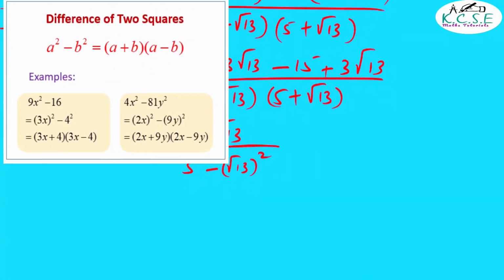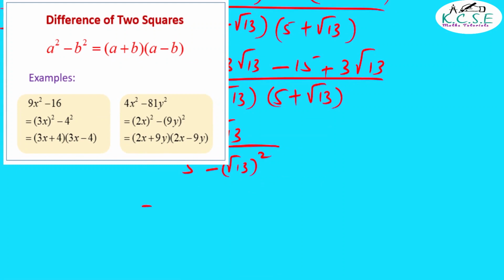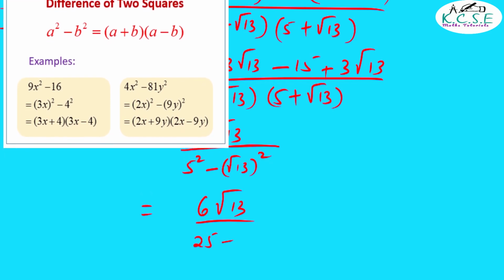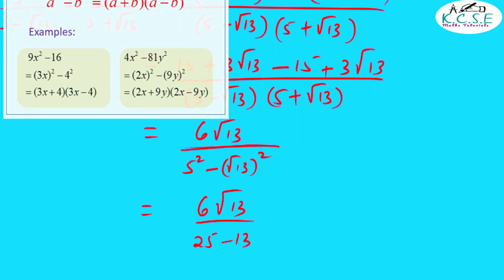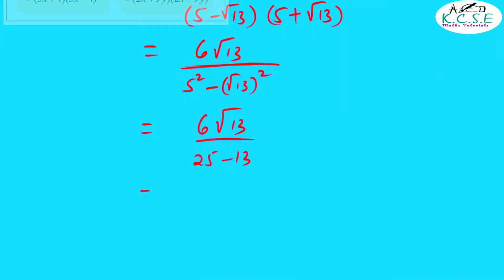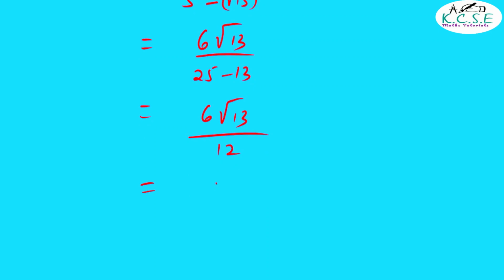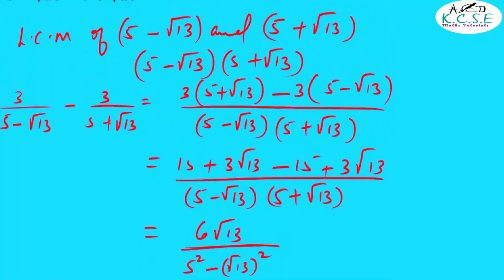So this gives 6 root 13 divided by 25 minus 13, since root 13 squared is 13. So this gives 6 root 13 divided by 12, and this simplifies to root 13 over 2. That is how you're supposed to work out that question.